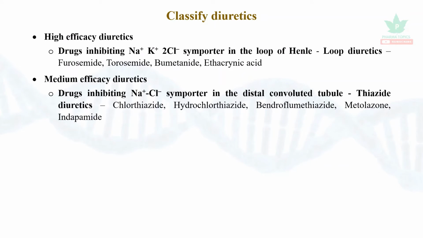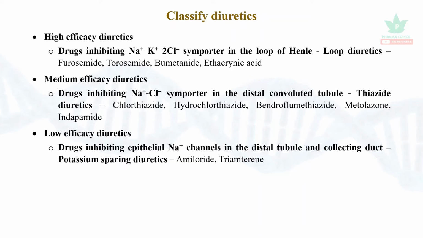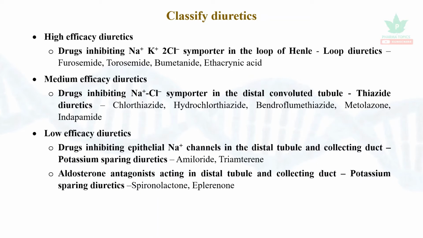Chlorothiazide, hydrochlorothiazide, bendroflumethiazide, indapamide. Then low efficacy diuretics, the drugs inhibiting epithelial sodium channels in the distal tubule and collecting duct. They are potassium sparing diuretics, amiloride, triamterene, and aldosterone antagonists acting in the distal tubule and collecting duct, such as spironolactone and eplerenone.